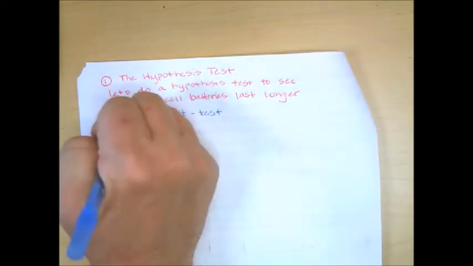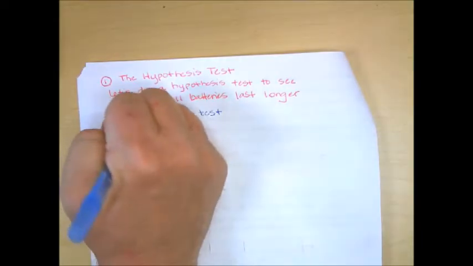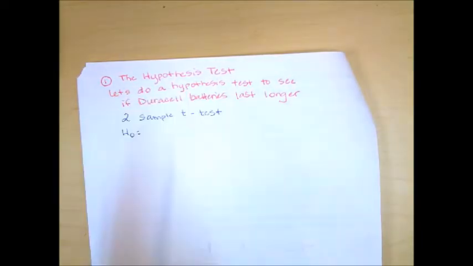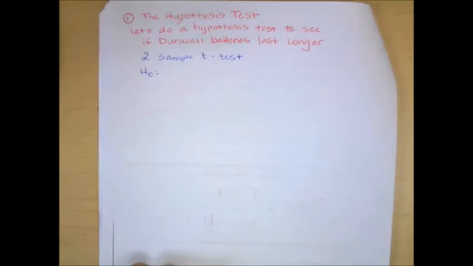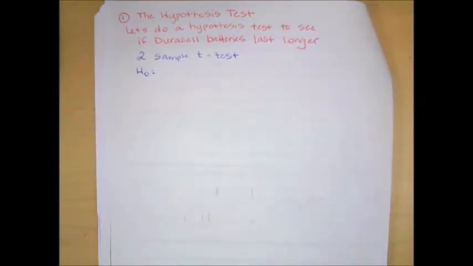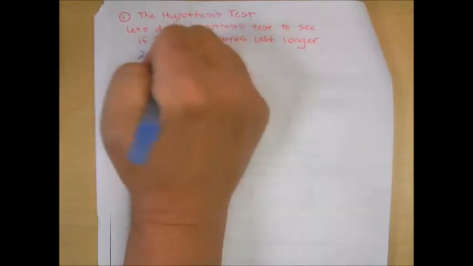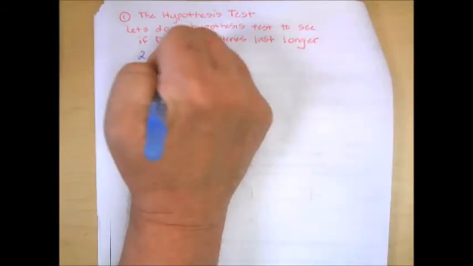And the null hypothesis is simply going to be that the two batteries are equal. Now, the Walmart batteries were the ones that were listed first in the data. So I'm going to do what I almost always do. I'm just going to put Walmart on the left because they were referenced first.